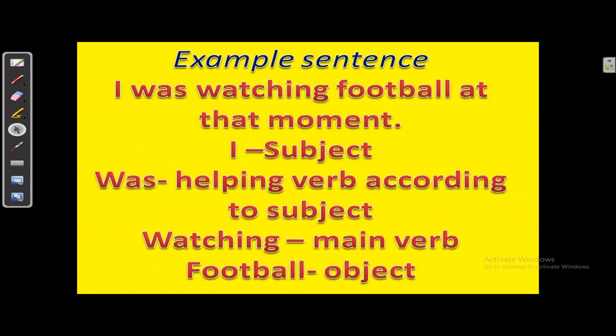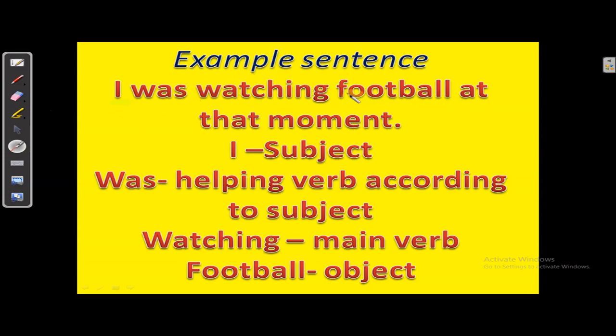Then moving further, we're going to have an example for the past continuous tense. You're going to see that here we have I as a subject, was as a helping verb, watching as the main verb, and football as an object.